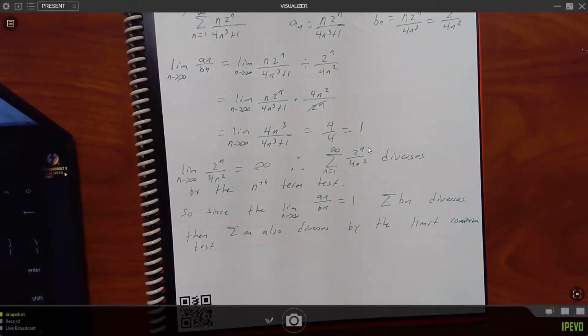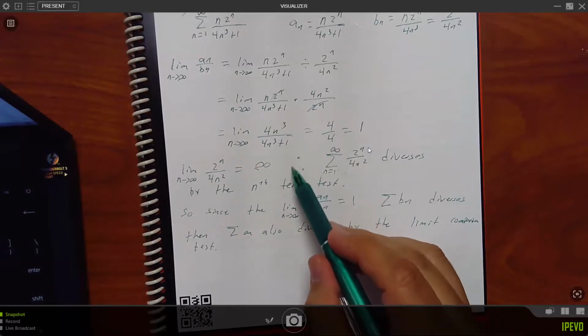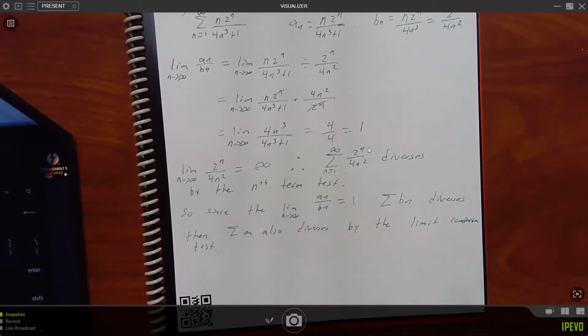Don't forget, I told you guys the dots mean "therefore." If you read math books, we usually have symbols.